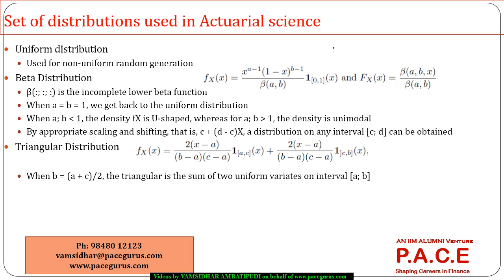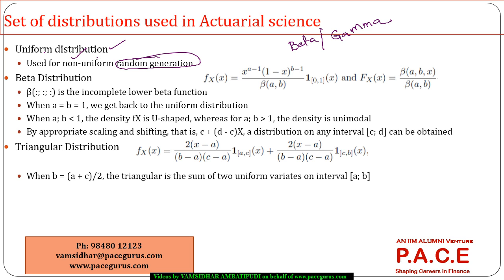Then we know that there are so many distributions that are used in actuarial science. We can use uniform distribution for generating various random numbers. If I want to generate random numbers following a beta distribution, or a gamma distribution, it's very much essential that I first generate random numbers using the uniform distribution, and after that apply the necessary transformation to generate the random numbers following some other type of distribution.